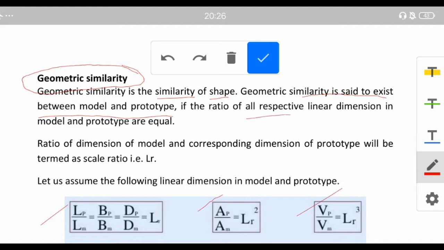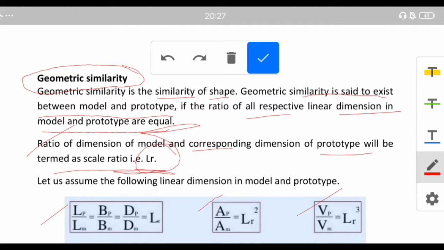Geometric similarity exists if the ratio of all respective linear dimensions in model and prototype is equal, and the ratio of the dimension of the prototype to the corresponding dimension of the model is termed the scale ratio, that is LR.